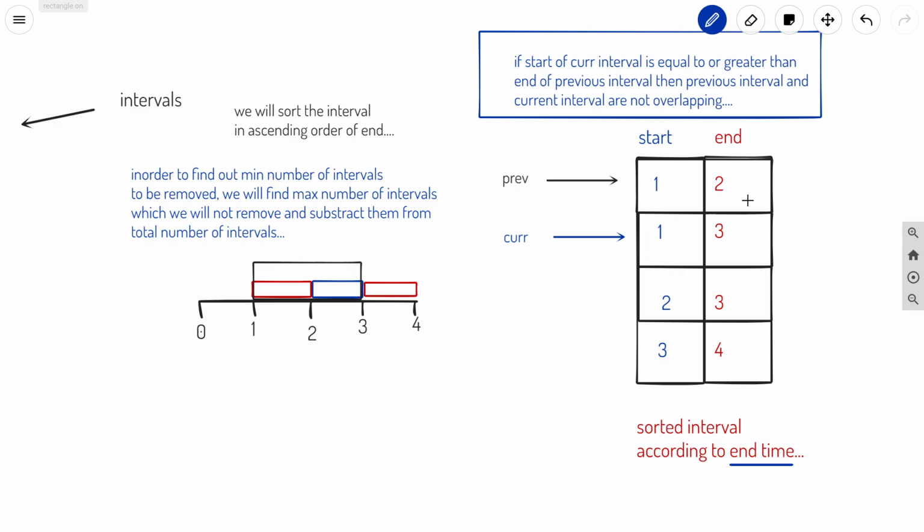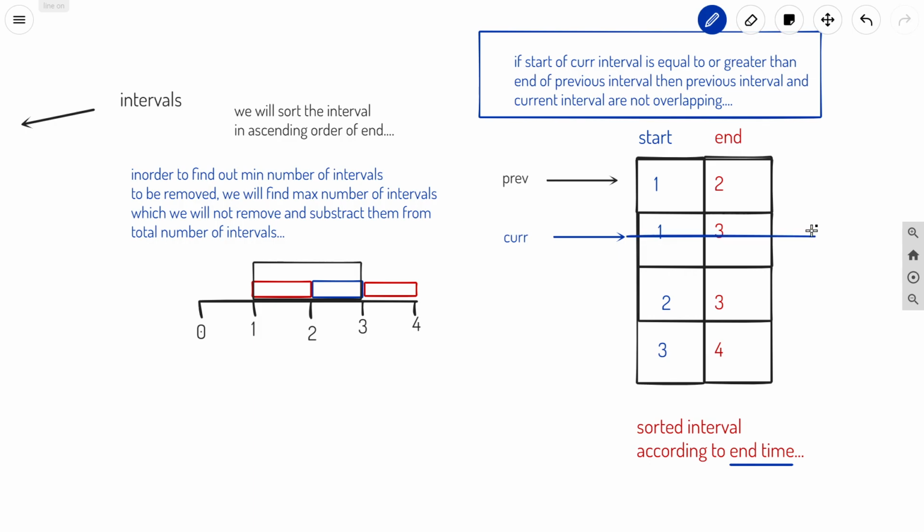You can see that it is violating this condition. The current start is 1 and the end of previous is 2, so it is not equal to or greater than the end of the previous interval. So for this case we will not take this interval, we will cut it from this part, so we will not take it.